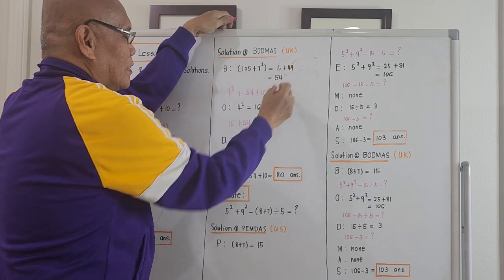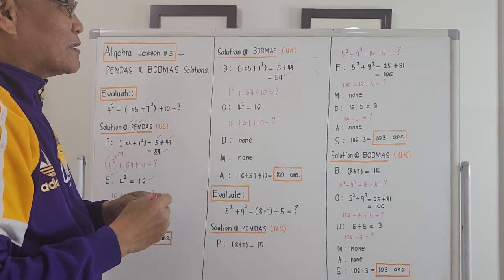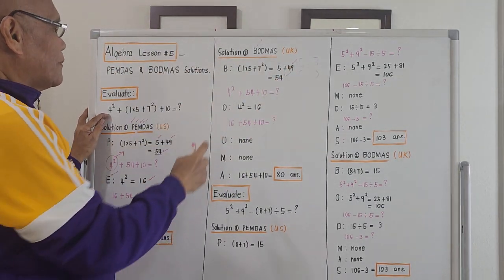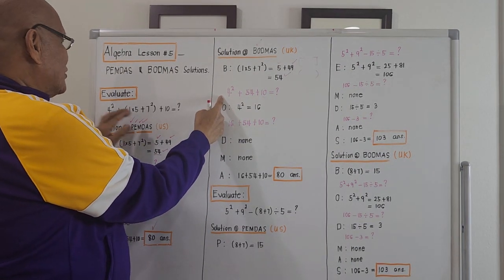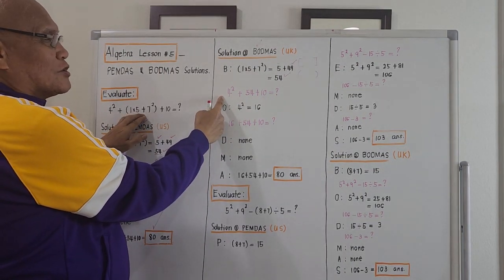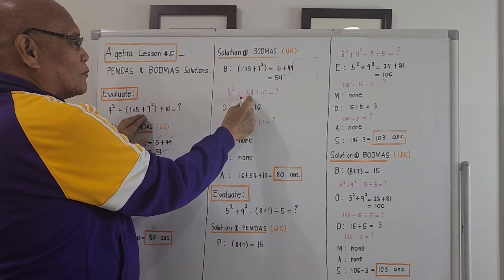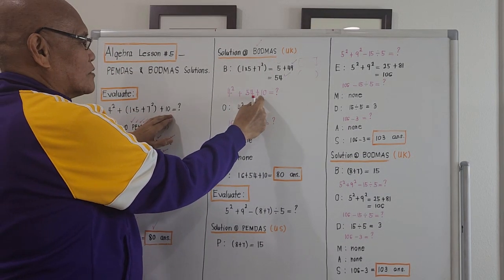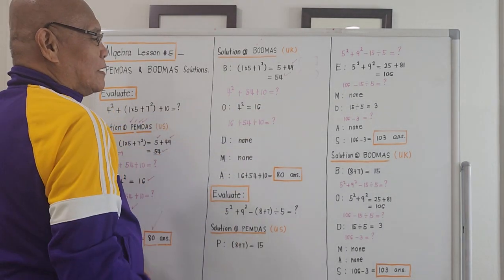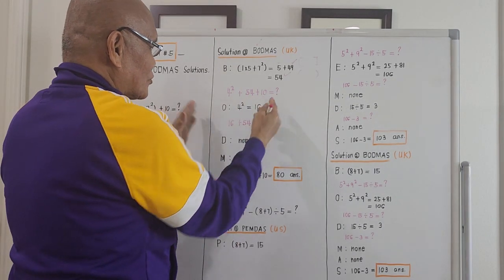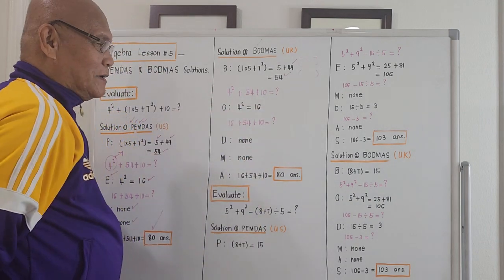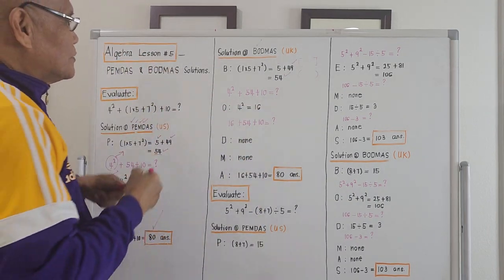54. Okay, we will write the given mathematical expression. So it will be 4 squared plus the compressed value of this using the B priority, which is 54. This is plus 10, and what will be equal to? I just rewrite this so I could visualize what's happening. What's next?